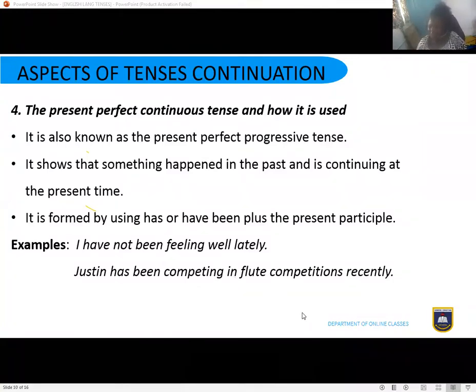Dennis, can you please tell us? Justin has been competing in flute competitions recently. What is the meaning of this sentence? Dennis.